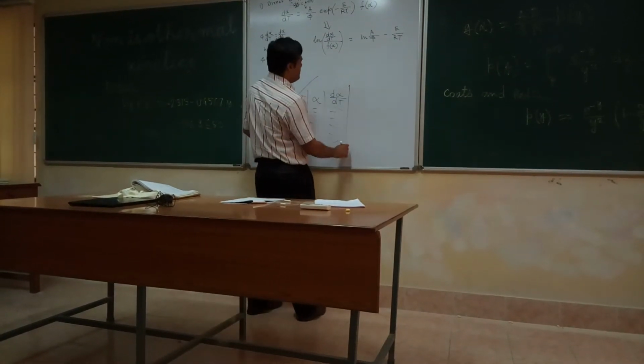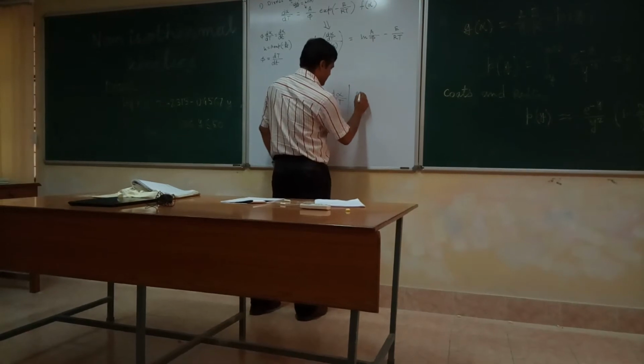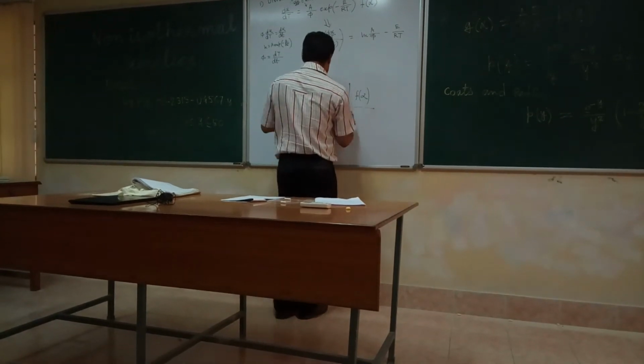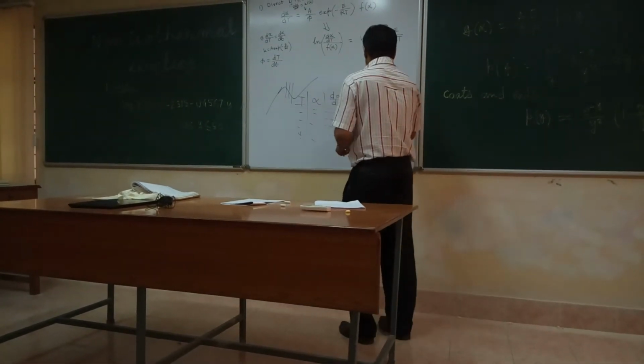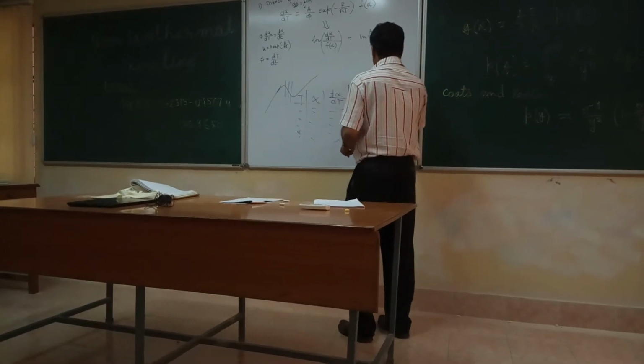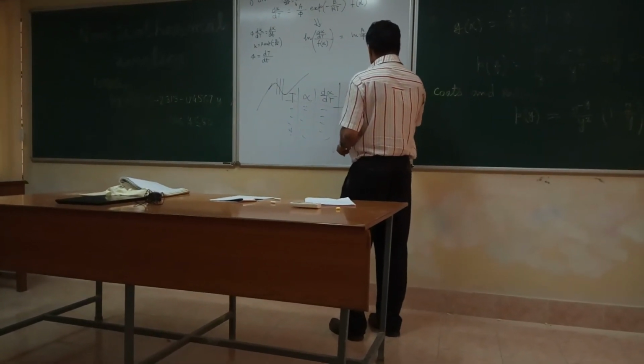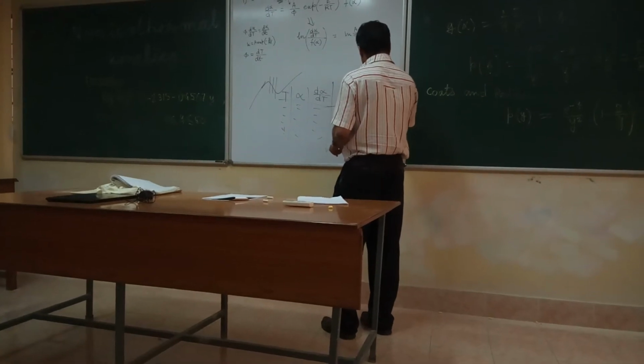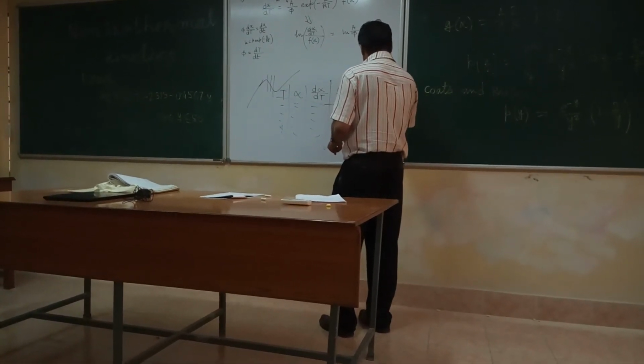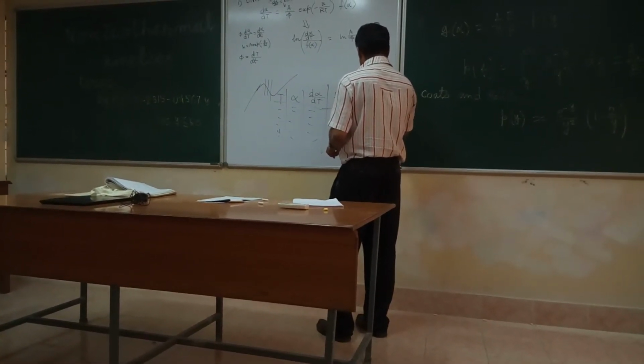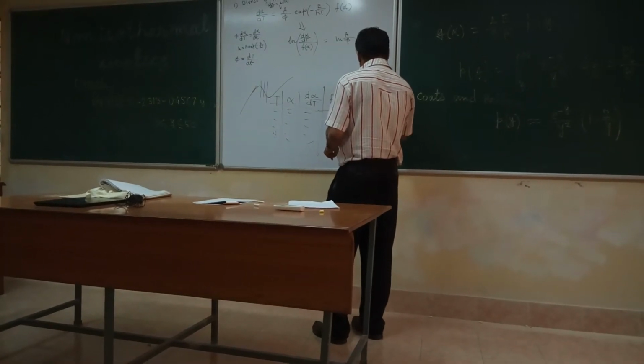So you can find out f(α), because you know alpha, you know f(α), then you can find out ln of dα/dt divided by f(α). You can find out 1 over temperature.